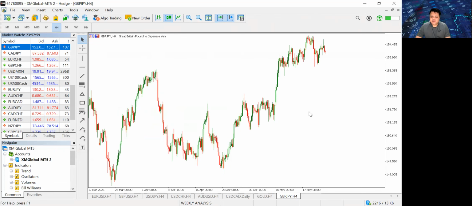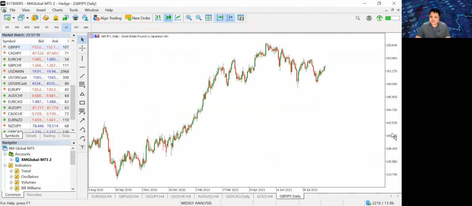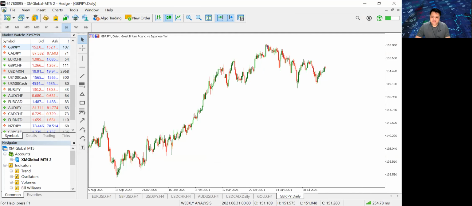Okay. So let's start with the daily chart. What do we want to do here? Do we want to buy it or do we want to sell it? Okay. Based on our calendar, what we want to do here is to sell it. Alright. Mukha naman siyang bearish, right? If you're gonna take a look at this, may trend line resistance, so that should be fine.